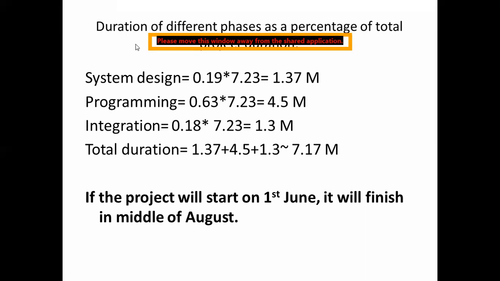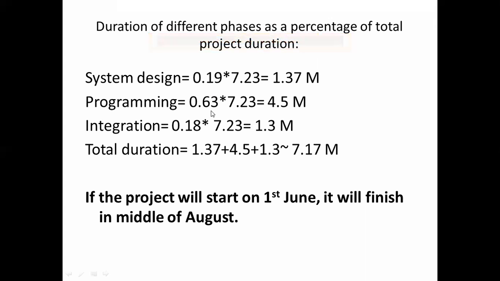Now, as you are going phase wise, consider the percentage. The values in the second column are 19, 63, 18, and this is the total duration, likewise the total effort in the last case. Now the complete final duration is 7.23, as you have already calculated in the preceding slide.